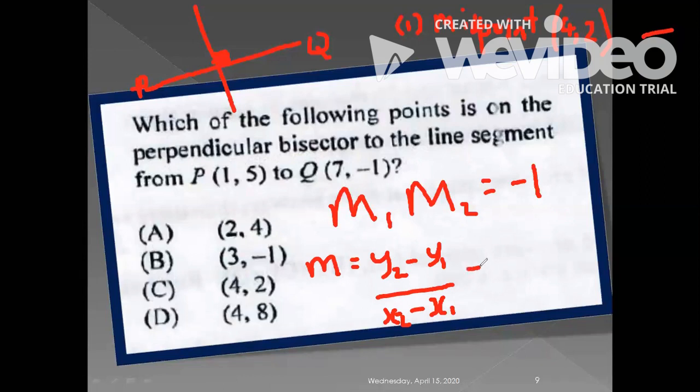So y2 is -1 and y1 is 5. That's 7 subtract 1. Alright, somebody tell me what the answer is in its simplest form. We're working on the gradient.